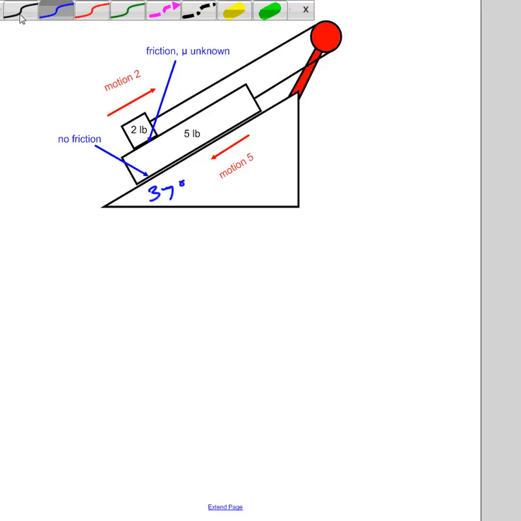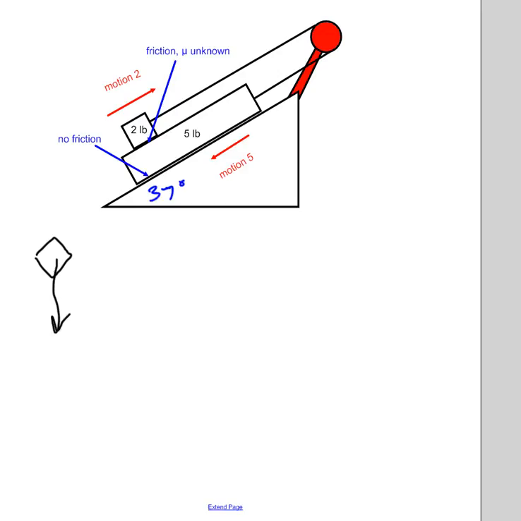So we have our 2-pound object sitting like this. And what are all the forces on it? There's its own weight, which is 2. There is a tension in the string, which is T. There is a normal force, which I will call N sub 2, because that's the normal force on 2 due to the presence of 5.